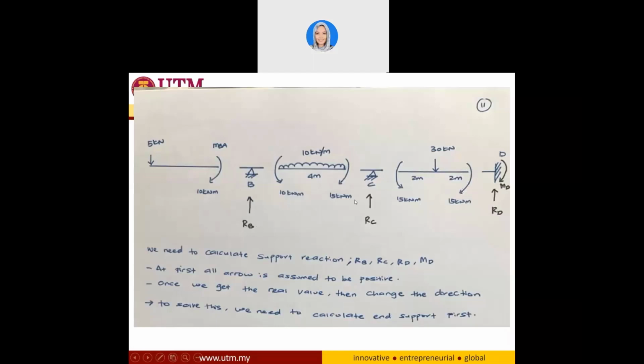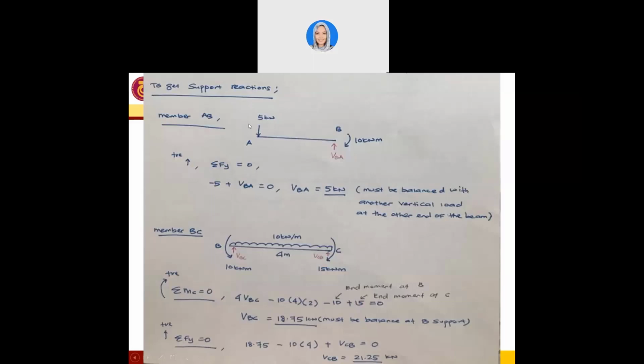Based on these end moments calculated using the slope deflection method, we could determine the support reactions. I put here the support reactions RB, RC, RD, and MD. Using equilibrium at the support, we have determined the reactions based on each member.